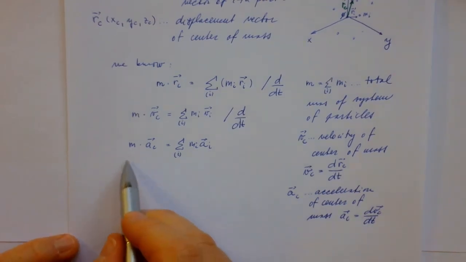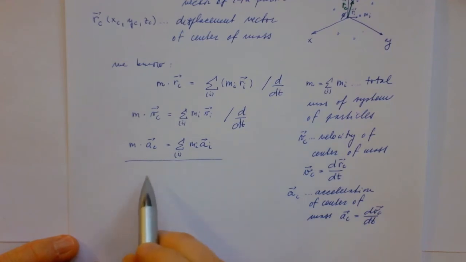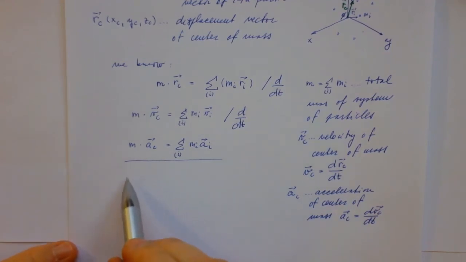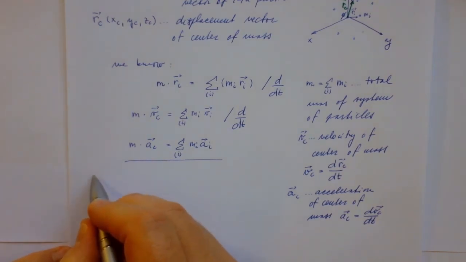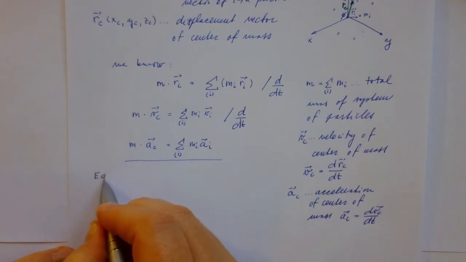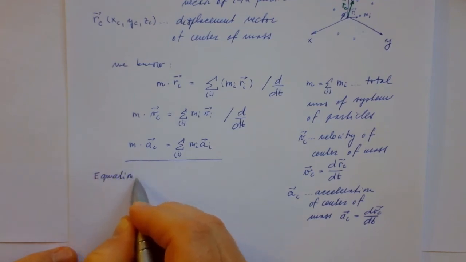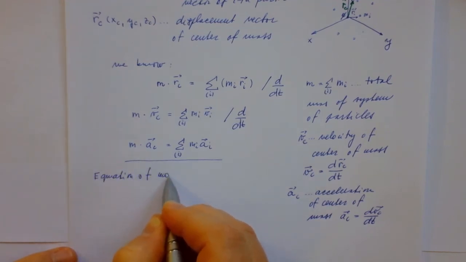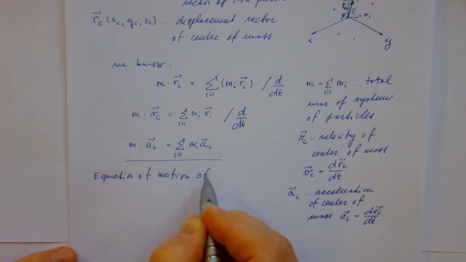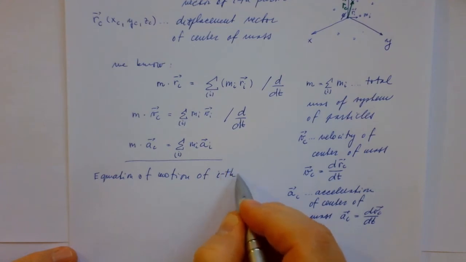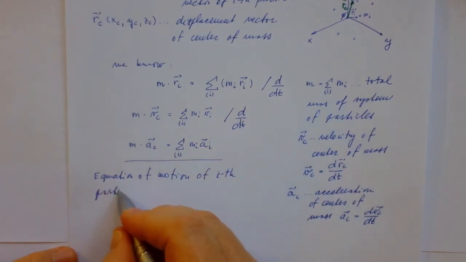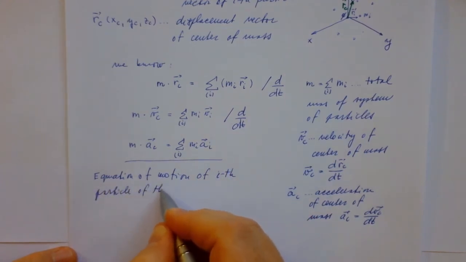If we put this equation together with the previously obtained equation, which was the equation of motion of the ith particle of the system.